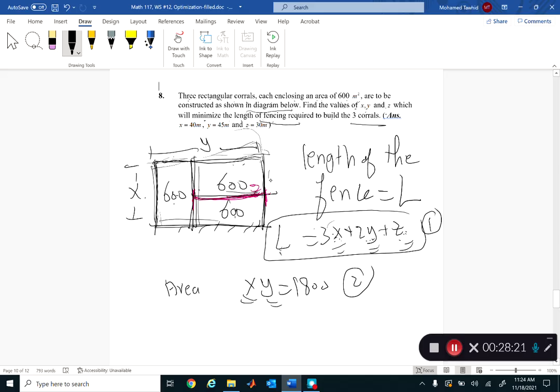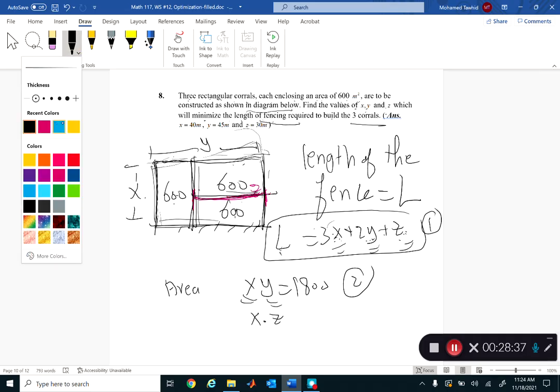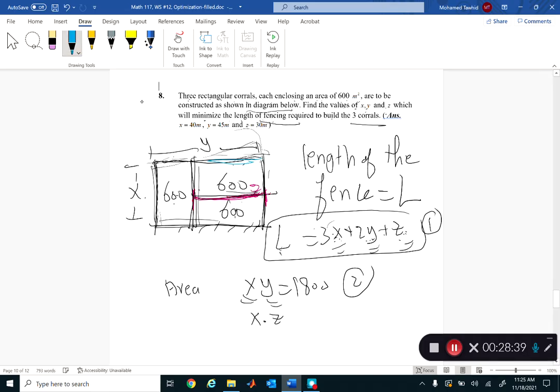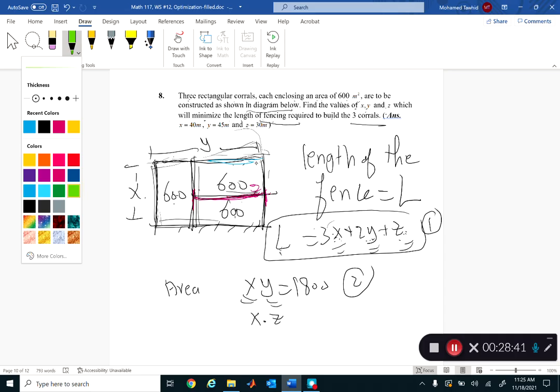So now I have to look for z. Connect z with x, right? If you take x multiplied by z, maybe I use a different color, green, so that you can see.